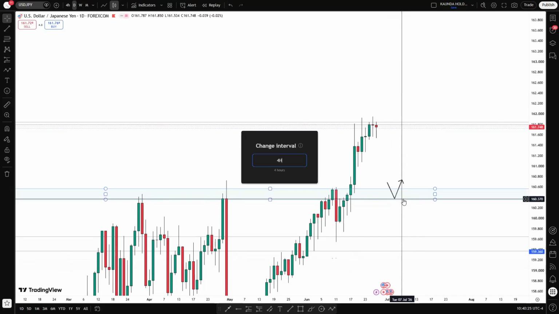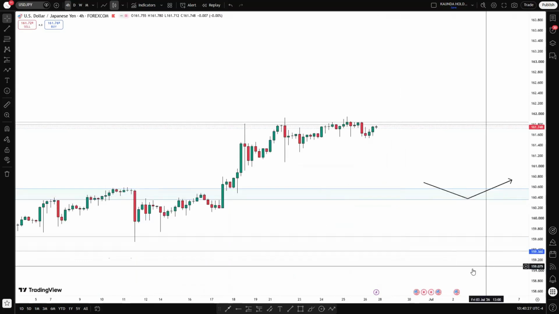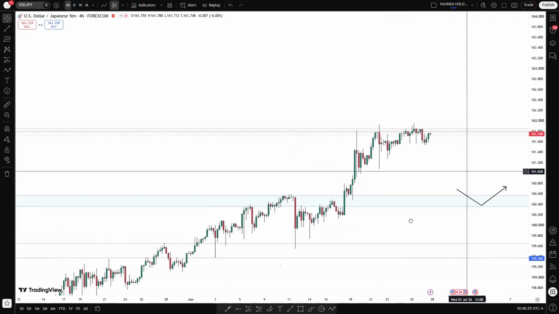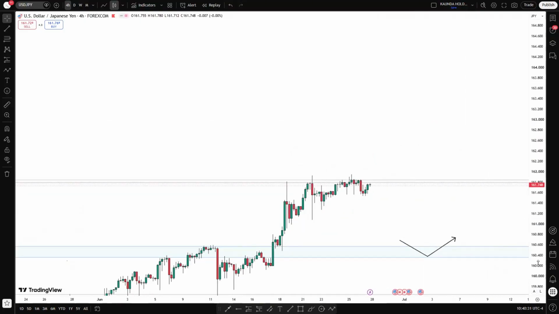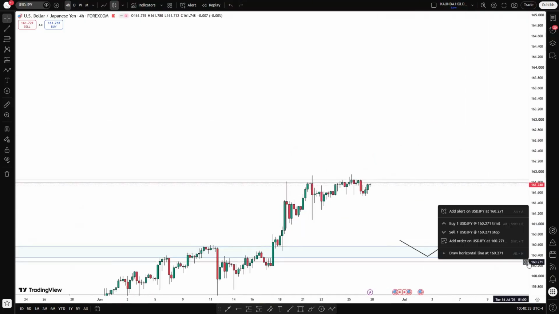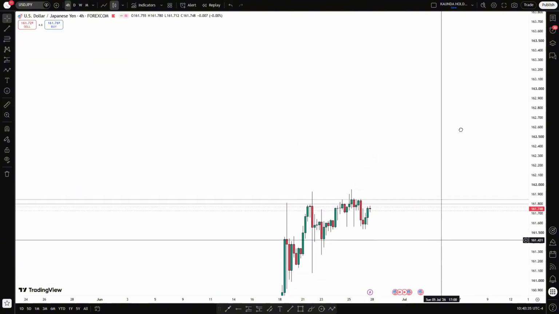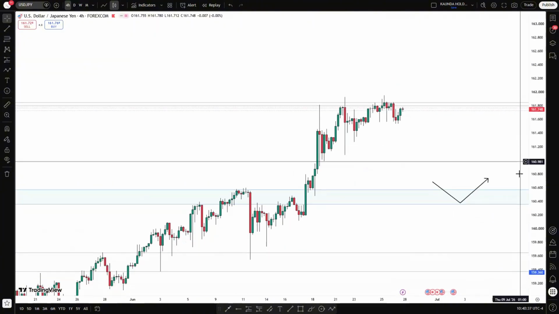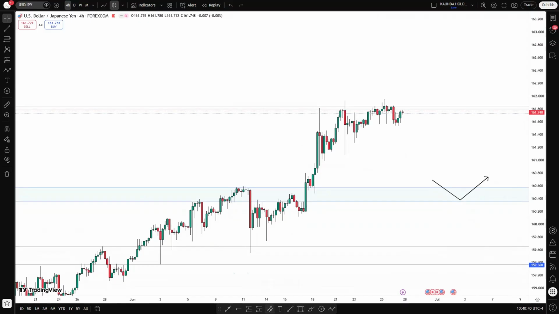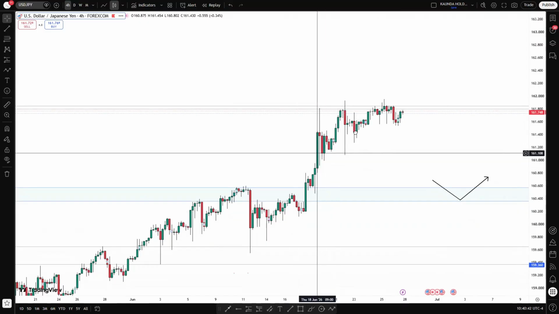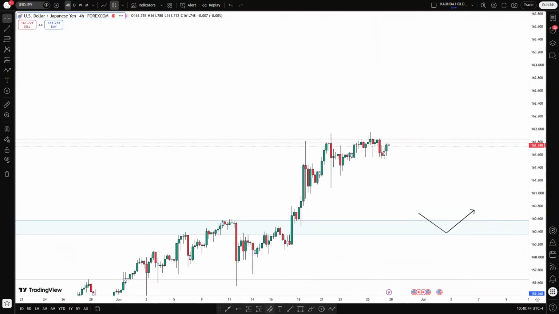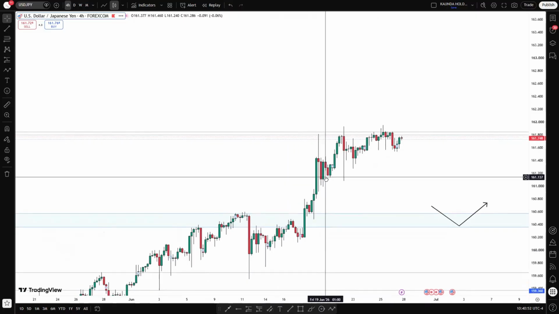Now if you go to the 4 hour time frame, this is where the findings are at. Firstly, I spotted something interesting. I spotted the pattern. Right? I spotted this pattern. This pattern.